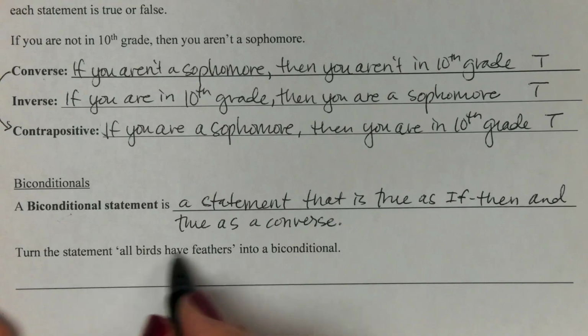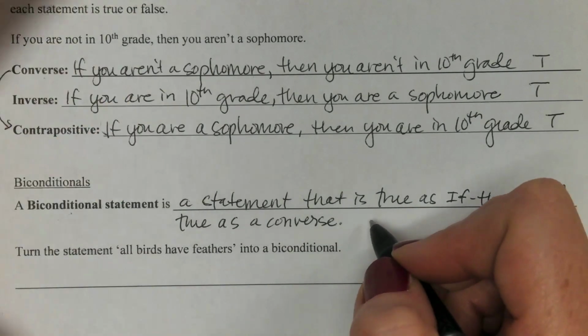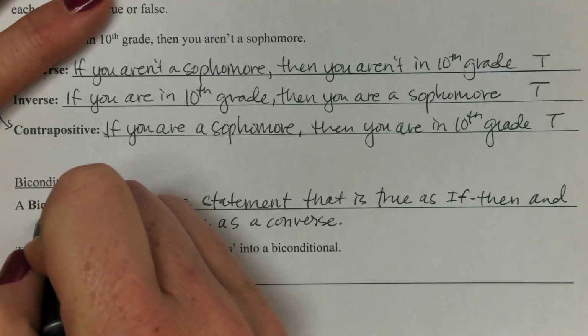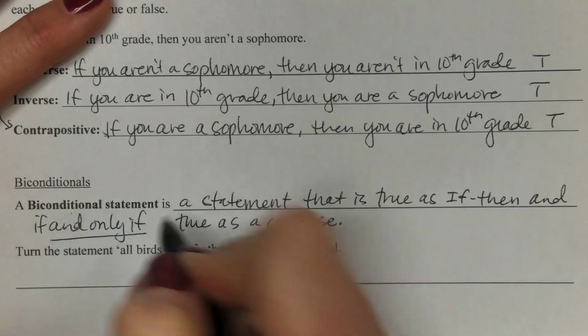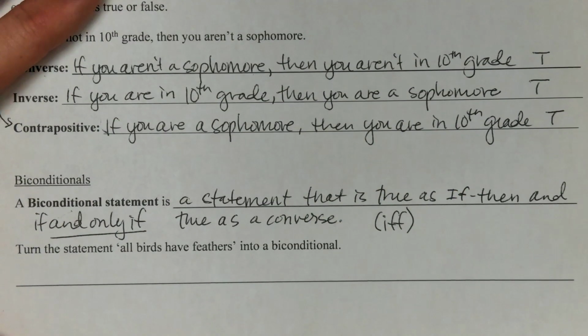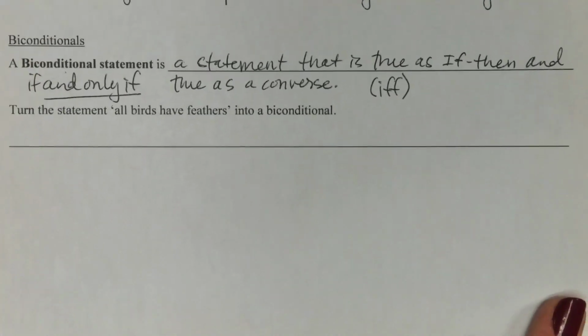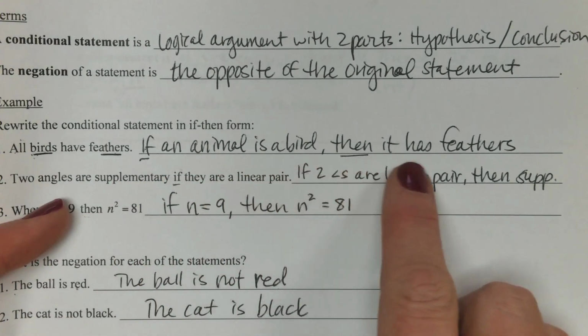We're gonna do all birds or feathers, sorry. And one thing about biconditional is it contains right in the middle, it contains if and only if. You can abbreviate that as IFF if you'd like, if writing that out is just too much for you. So on the first page we had, I gotta find it, if an animal is a bird, then it has feathers.